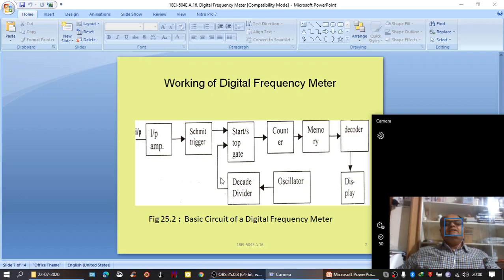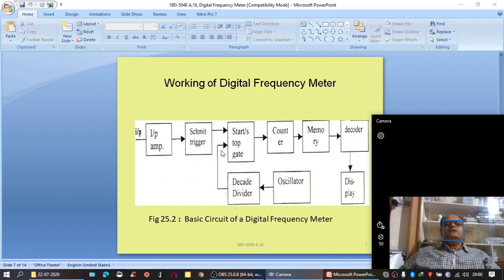So like that, gating signals with different time durations can be applied to the start stop gate. For the sake of convenience, let us assume that a 1 second gating signal, or 1 hertz, is applied at the input of the start stop gate.